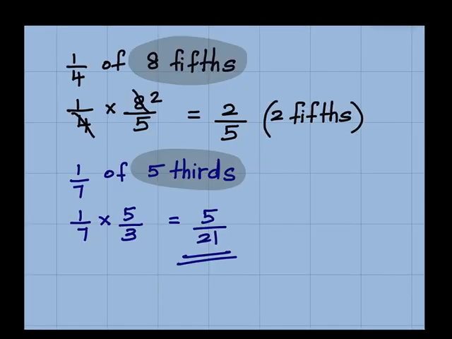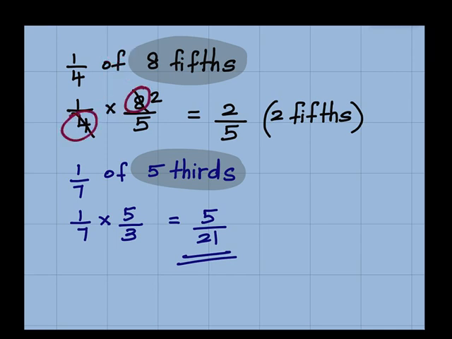1/4 of 8/5. How to write 8/5? 8 over 5. So when we solve, instead of "of," just do the times sign and simplify it.